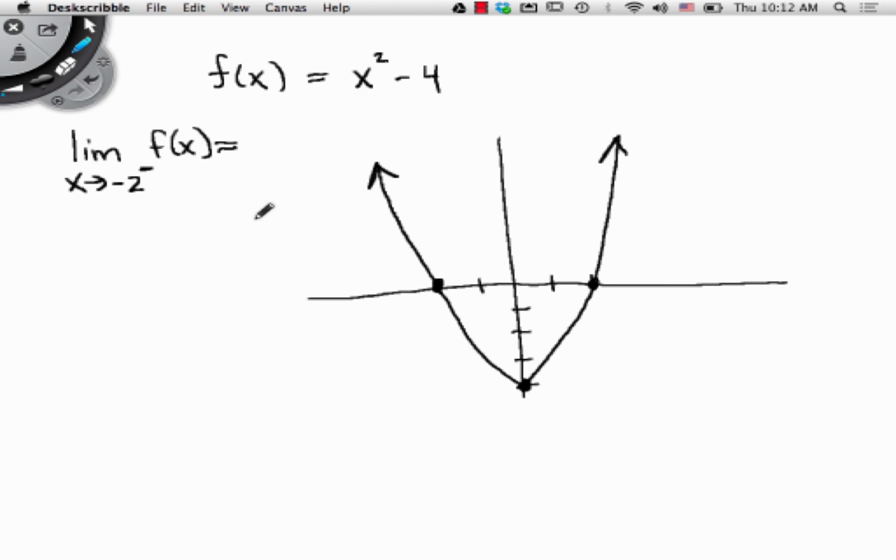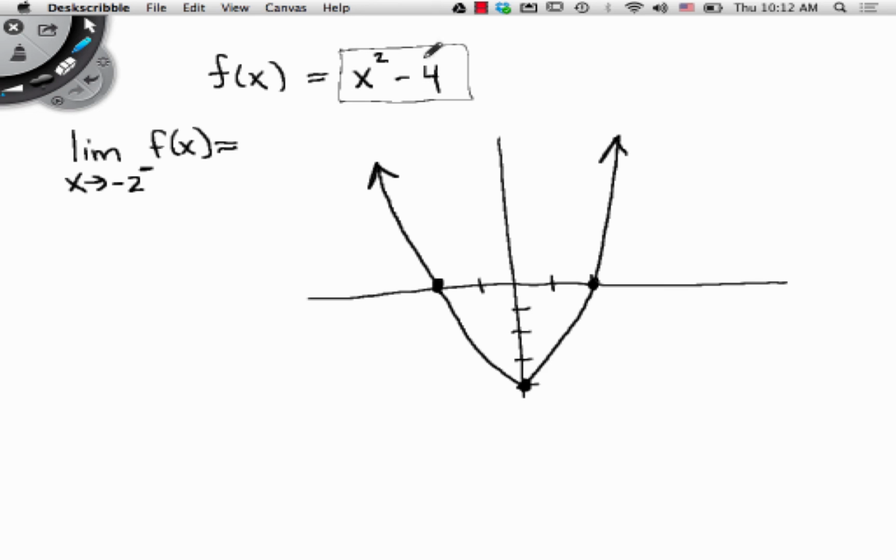Wouldn't there be a hole at 2 too? Why would there be a hole? This isn't piecewise. Oh, it has to be piecewise for there to be a hole? No, it doesn't have to be piecewise to have a hole, but this is a polynomial.